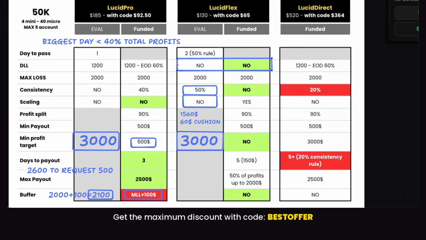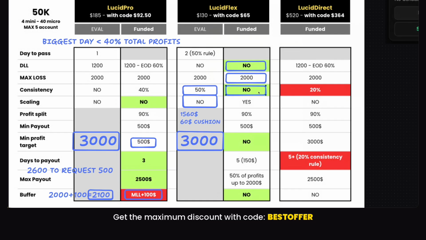What do we have? We have no loss limit even here. We have 2,000 max loss, as always, but the real deal is that we do not have any kind of consistency. So that means that 99% of the prop firms in the industry will punish you if you have a very big day.